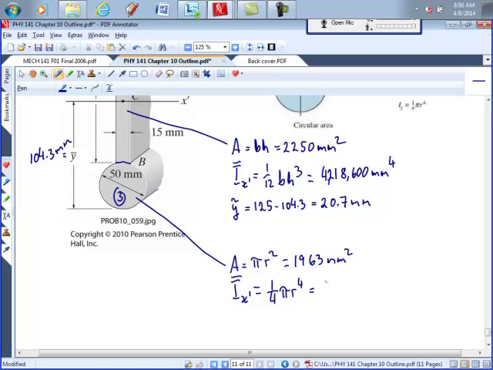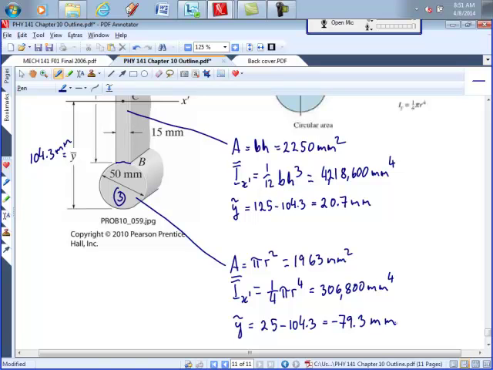Oh, different radius, same formula. Millimeters to the 4th. And its y tilde, okay, so that would be negative 104.3 plus 25, or 25 minus 104.3, equals negative 79.3 millimeters.